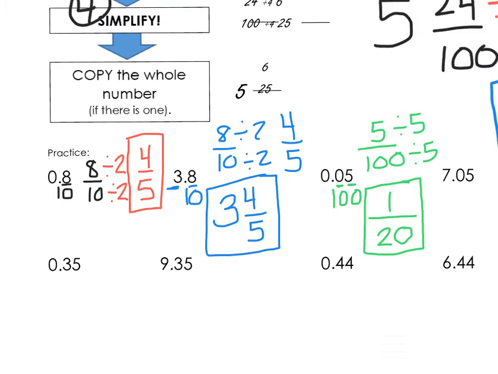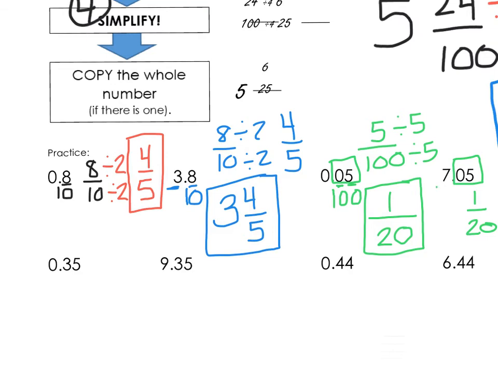Okay, now look here. What's nice about this one is we already see we have the 0.05 and the 7.05. So we already know over here the fractional piece is going to be 1/20 because we already did that with the 0.05. We already know that we're going to get 5 over 100 divided by 5, and we're going to get 1/20.